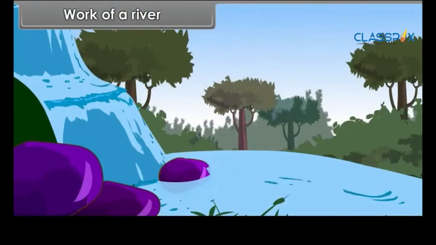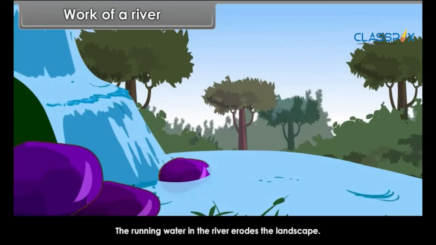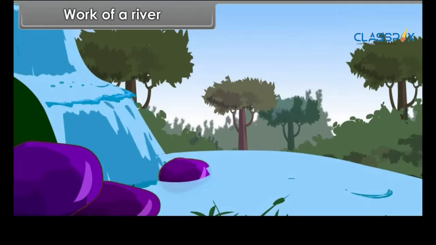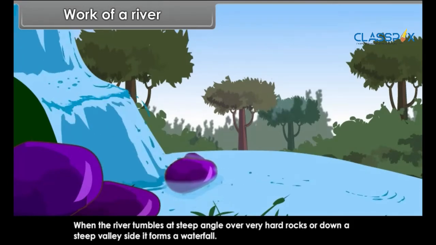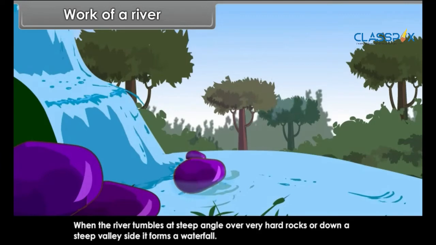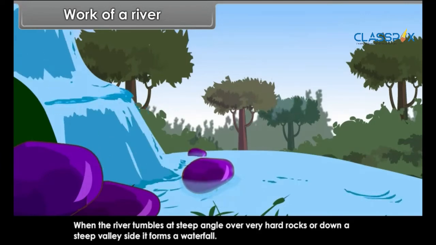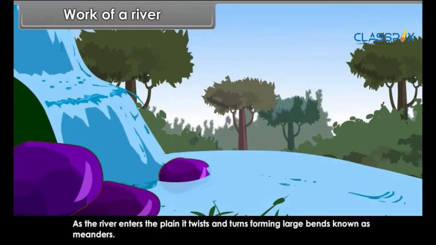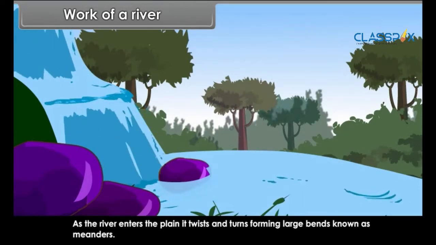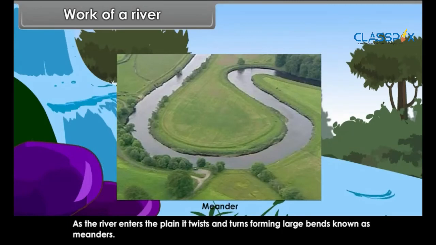Work of a river. The running water in the river erodes the landscape. When the river tumbles at steep angle over very hard rocks or down a steep valley side, it forms a waterfall. As the river enters the plain, it twists and turns, forming large bends known as meanders.